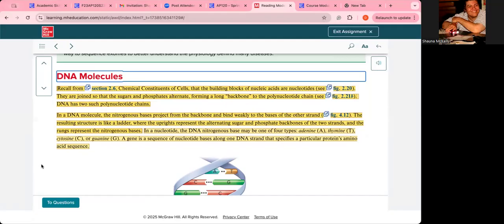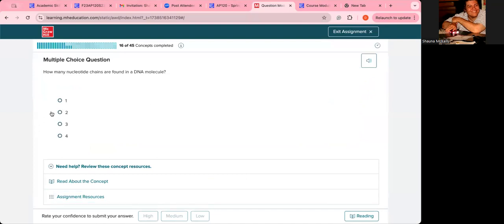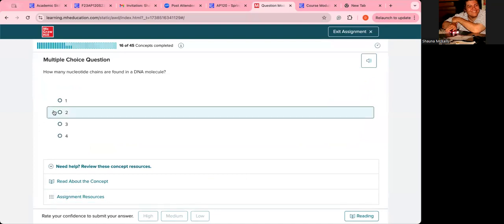They are joined so sugars and phosphates alternate, forming a long backbone. DNA has two such polynucleotide chains. Two nucleotide chains.